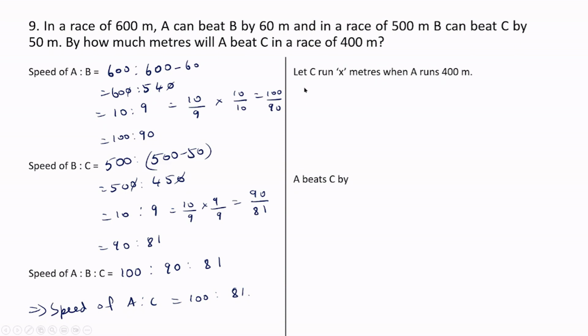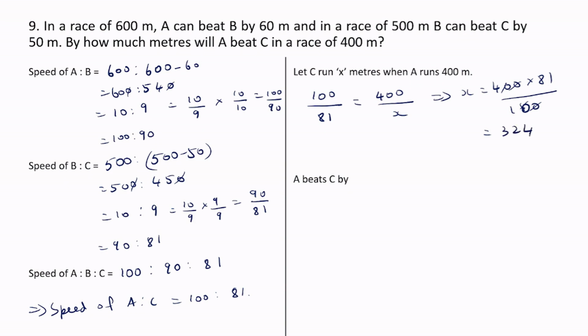And now let C run x meters when A runs 400 meters. So we have speed of A is to C as 100 by 81. This is equal to, from here we have, in the same time when A runs 400 meters, C runs x meters. So we have x is equal to 400 into 81 divided by 100.